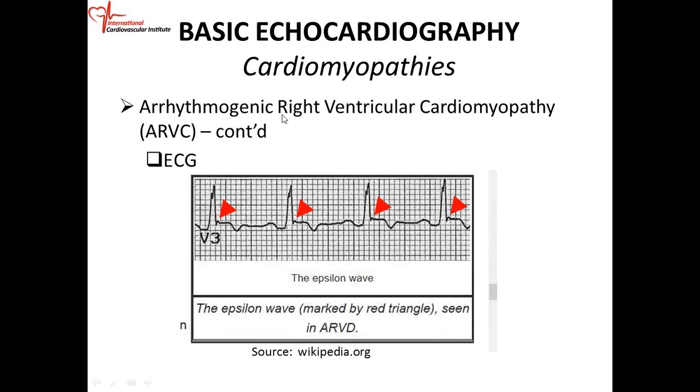So this is the classic: T-wave inversion V1 through V3. You get a sort of pseudo right bundle branch block pattern. So this is a right bundle, you have your R and your R prime. But these are what you call the epsilon wave. These are your epsilon wave, okay?